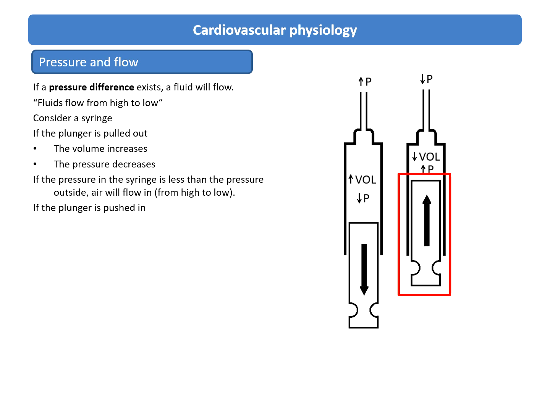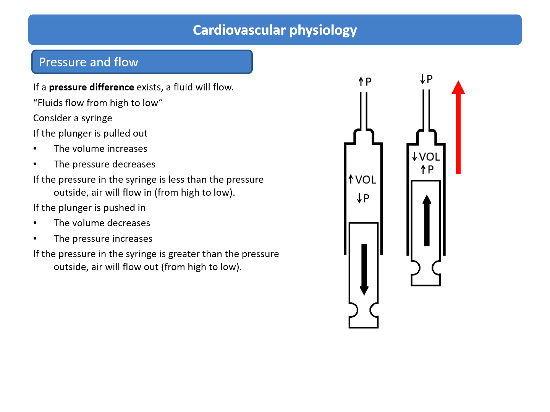If the plunger is pushed in, the volume decreases, the pressure increases, and if there's a connection, if the pressure in the syringe is greater than the pressure outside, air will flow out. Flow is from high to low. That's a basic idea. It actually is called Boyle's law, and we'll come back to it in some detail when we get to the respiratory system.